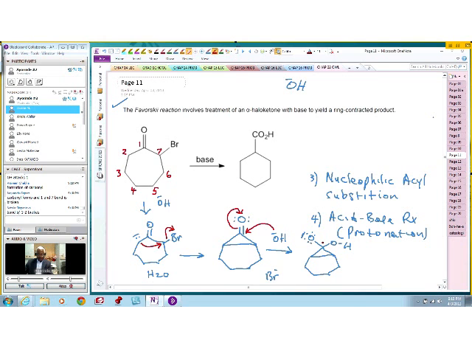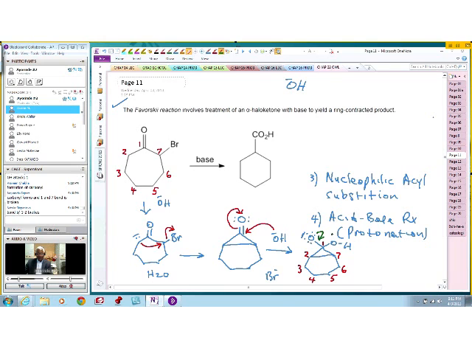Let me number the carbons again. This is carbon 1, carbon 2, carbon 3, carbon 4, carbon 5, carbon 6, carbon 7. Okay, so somebody say carbonyl will reform. We are going to reform the carbonyl.